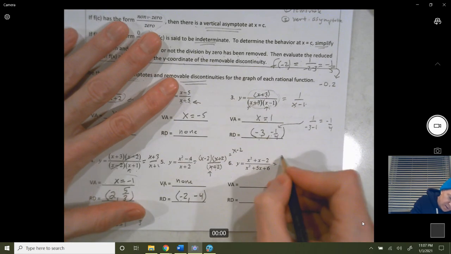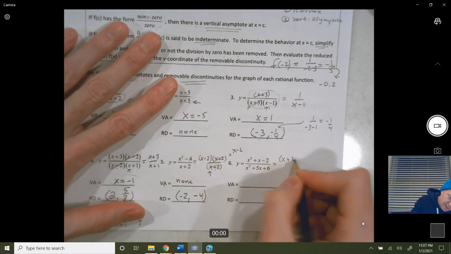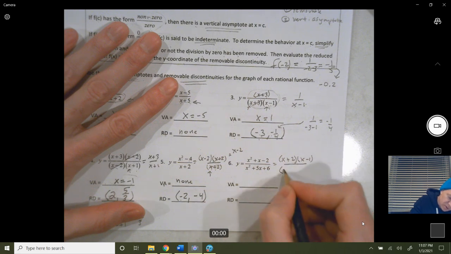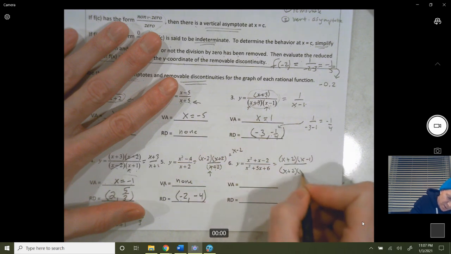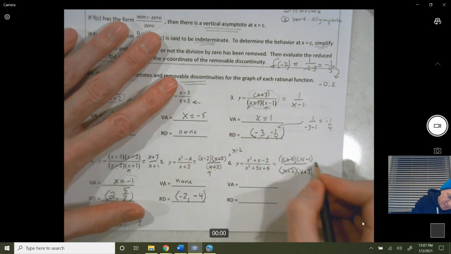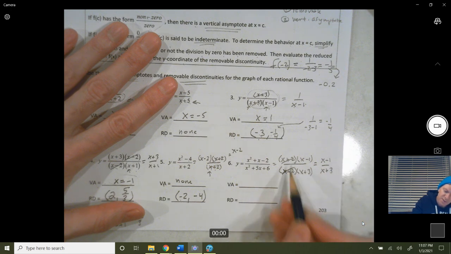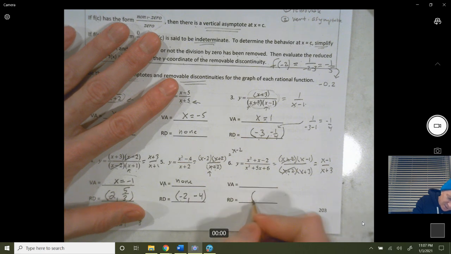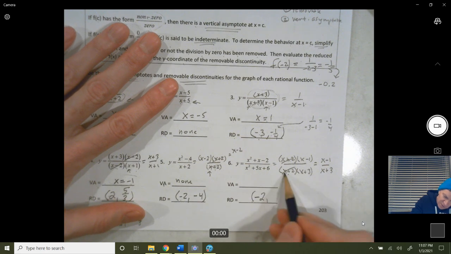Okay, and the last one, let's see if we can factor: x plus 2, x minus 1. In the denominator, we've got x plus 2, x plus 3. Those cancel. When you simplify, you get x minus 1 over x plus 3. Since something cancels, you get a removable discontinuity at x equals -2, because that would have made your denominator 0.